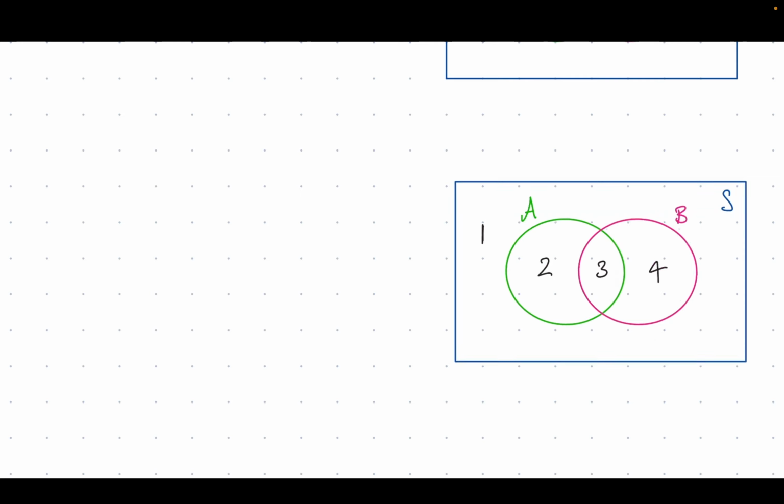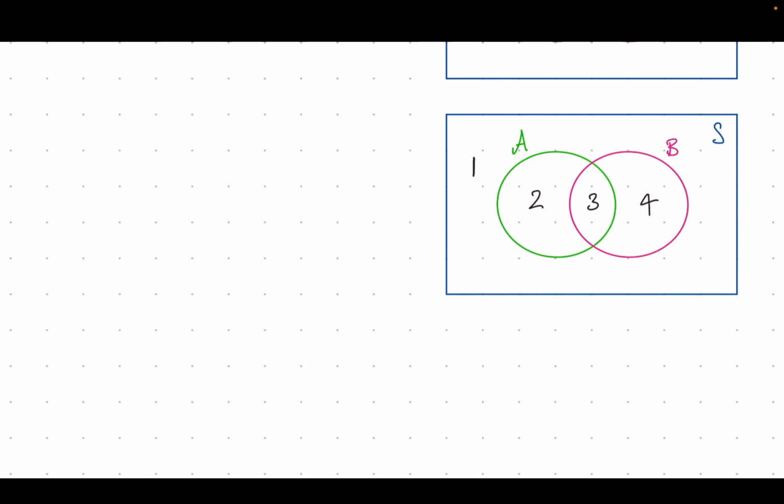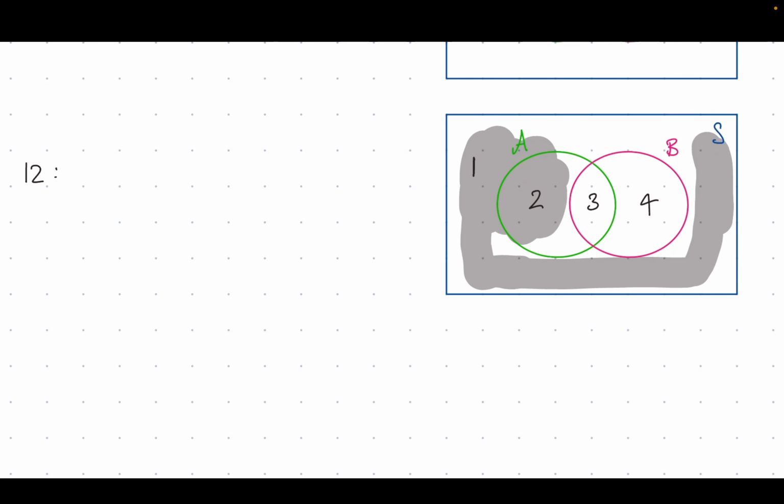Okay, and now we get into the spicy stuff. So the next set is going to be 1, 2, which is going to be this set right here. Let me make this larger. There we go. Sorry for not filling the whole thing in.